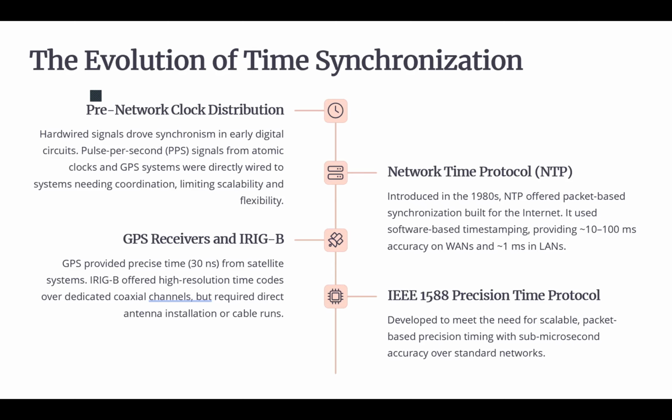NTP uses software time stamping, and as we said, the precision is around 10 to 100 milliseconds, which is one of its shortcomings. In a small local network we could reduce that to 1 millisecond, but it's still not good enough for high-tech, time-sensitive systems.